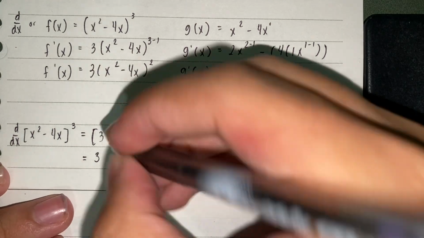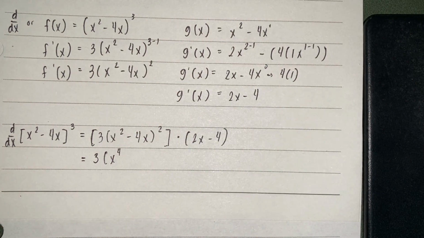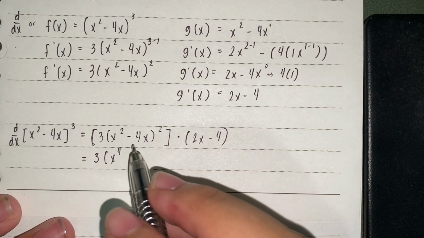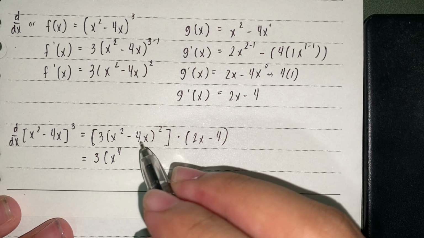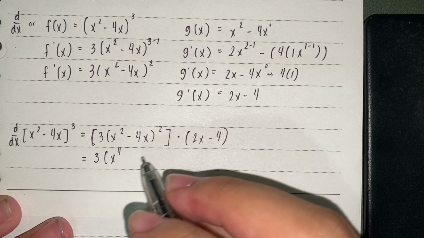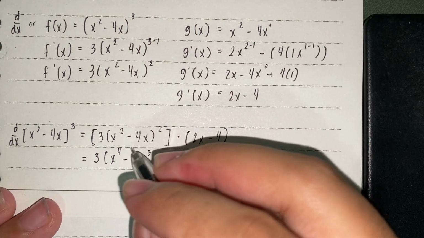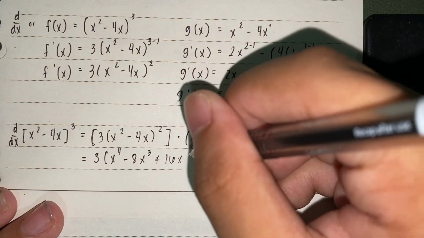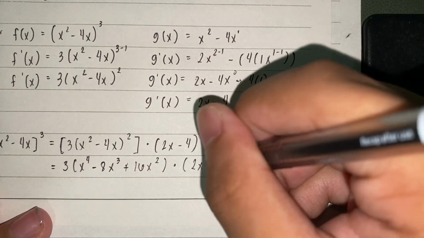We're going to square the first term, x squared times x squared, that is x raised to 4, and then twice the product of the two terms, which is negative 4x times x squared, that is negative 4x cubed times 2, that is negative 8x cubed, and then square the last term. It's going to be positive 16x squared, multiplied to 2x minus 4.